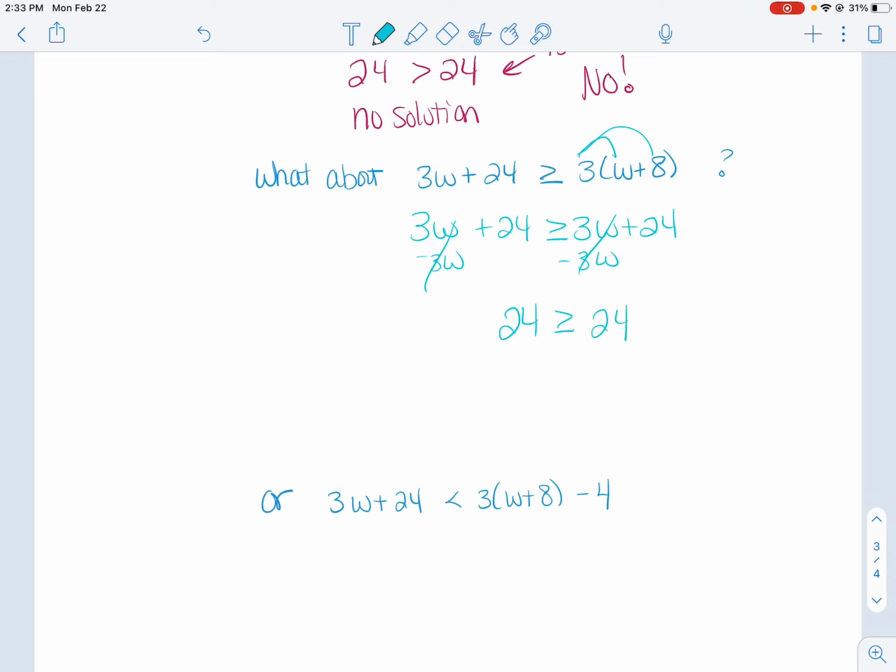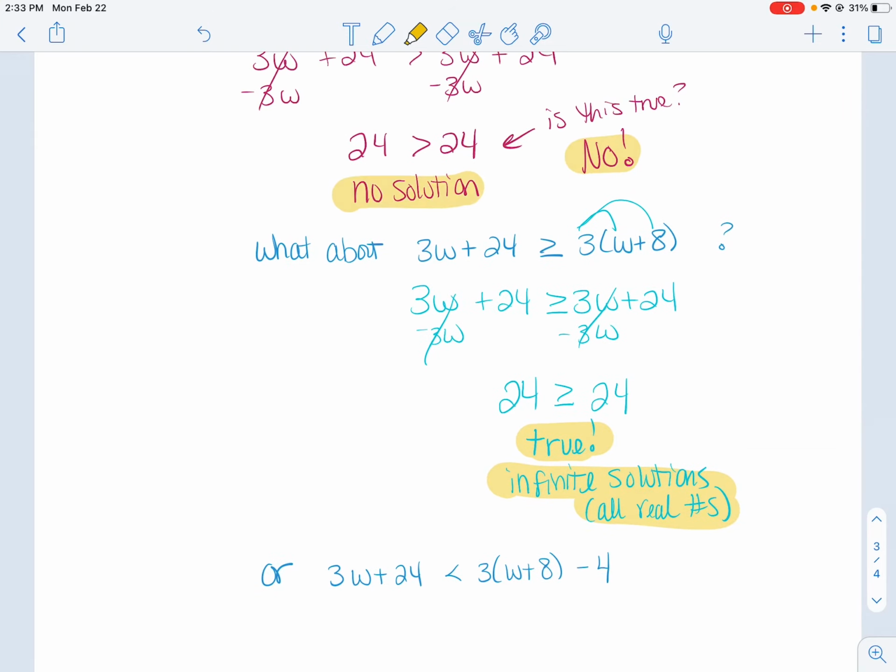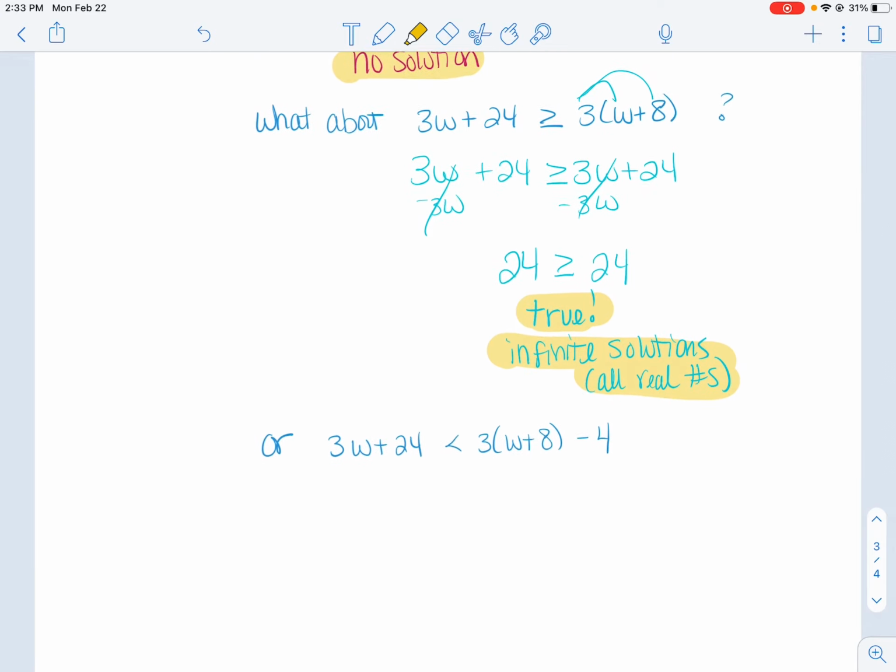Well, that statement, greater than or equal to, is always true, right? 24 is always equal to 24. So that's a true statement. So this is where you have infinite solutions, or you could say all real numbers as your solution, right? Whenever this is true, we have all real numbers. If it's false, then we have no solution, okay?